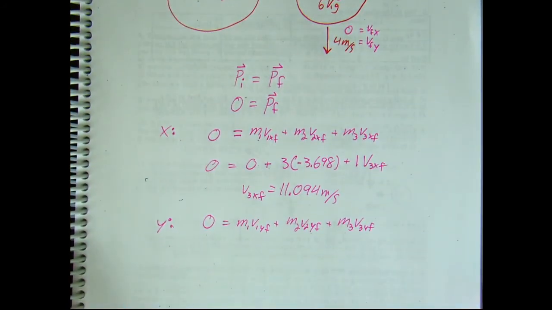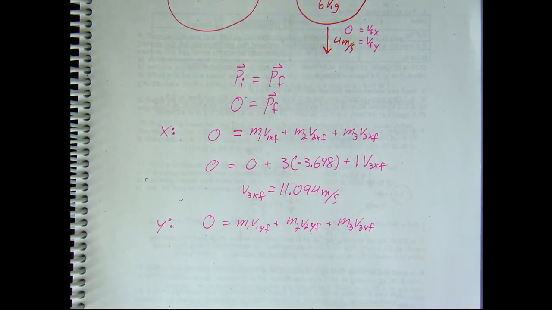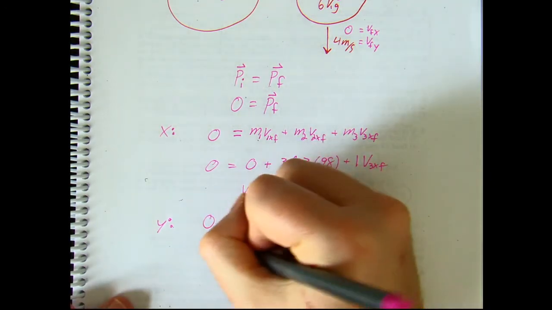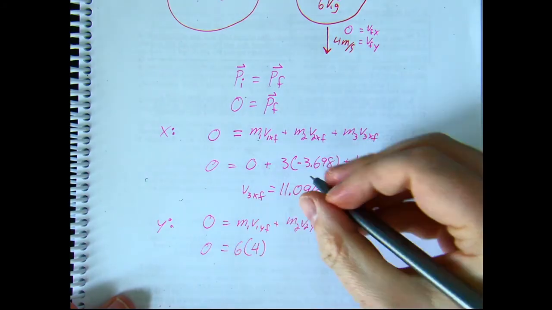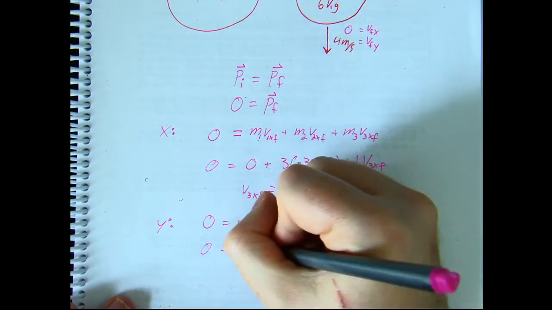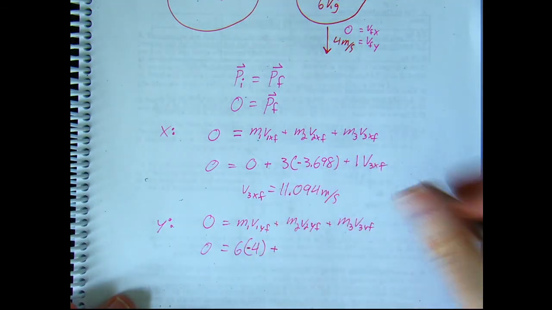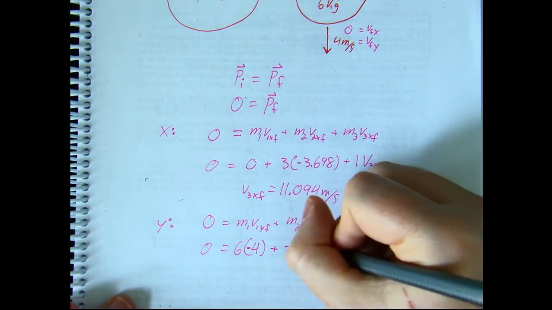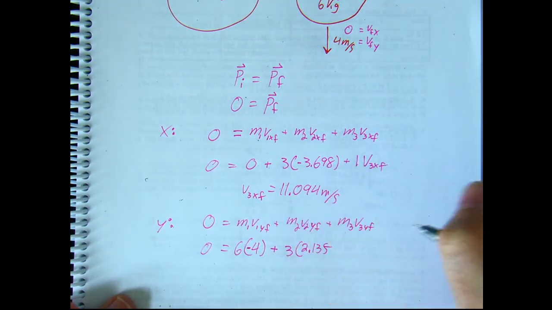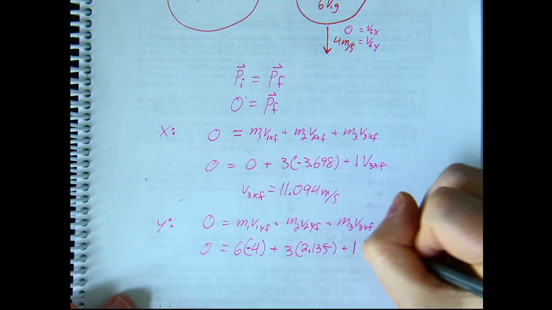Slide this down here a little bit. Now, the 6 kilogram piece does have a y component. So 0 equals, our mass was 6 times 4, and it's downwards, so that's going to be negative. Plus m2 is 3 times our y component, which was positive 2.135, plus a mass of 1 times v3y final.